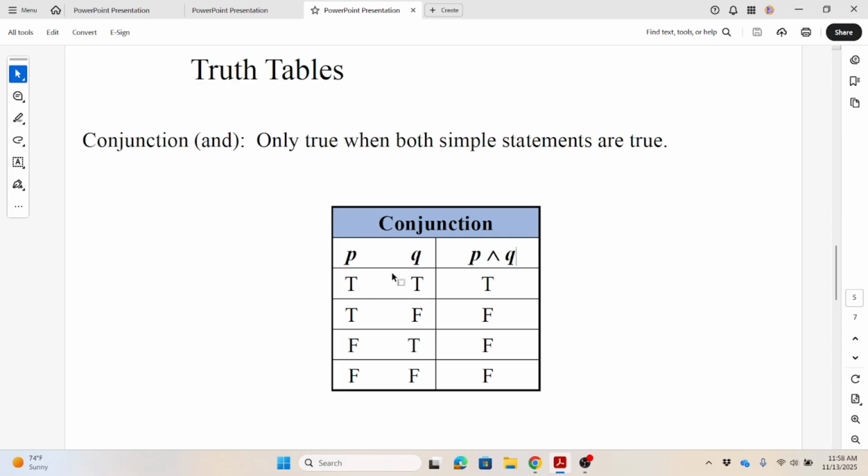But let's say one of them is false, for example, it's not 9 a.m., it's 10 a.m., then the statement the pen is red and it's 9 a.m. is supposed to be false. You understand?